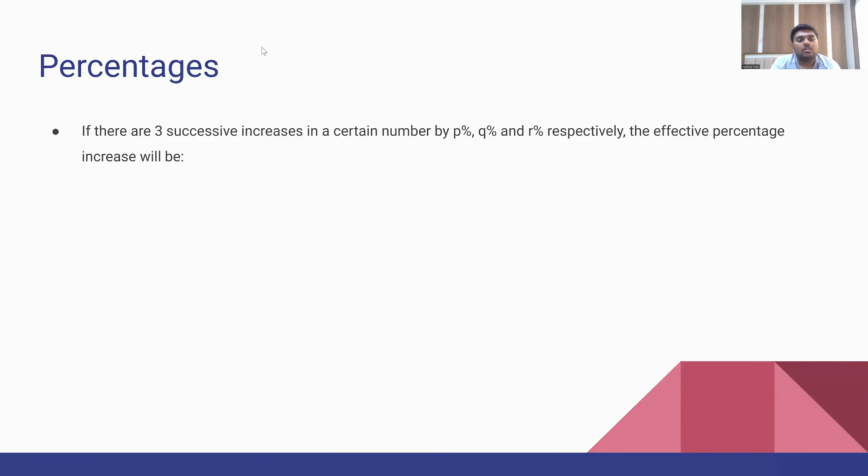Now, there are some important properties of percentages.